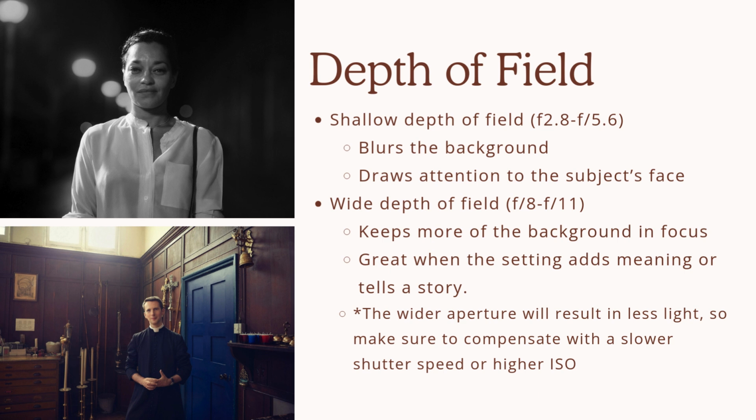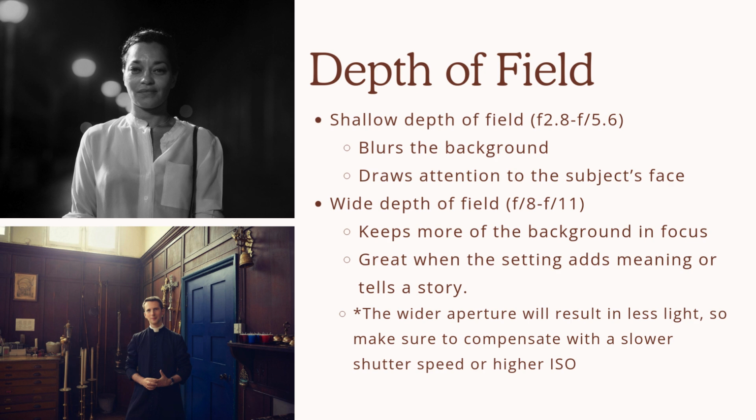If you're photographing a person and the background isn't super important to context, it's okay if your background is a little out of focus. Your subject's in focus, but your background's out of focus. You can use a shallow depth of field, like f2.8 to f5.6. This will blur the background and draw attention to your subject's face.